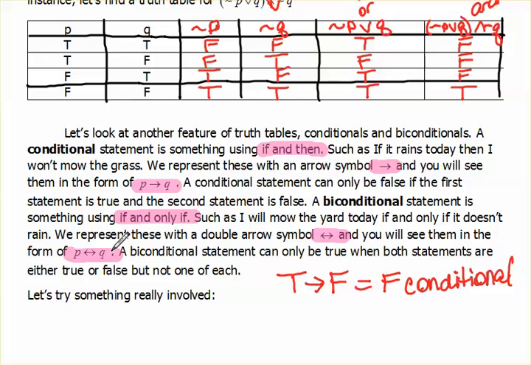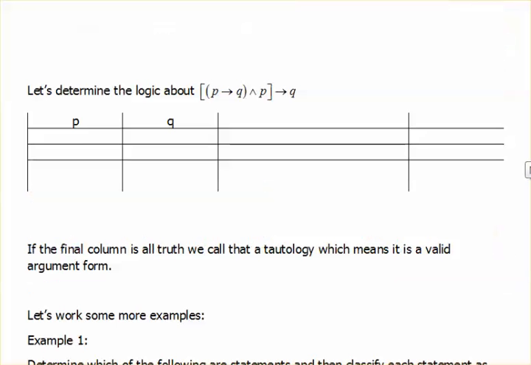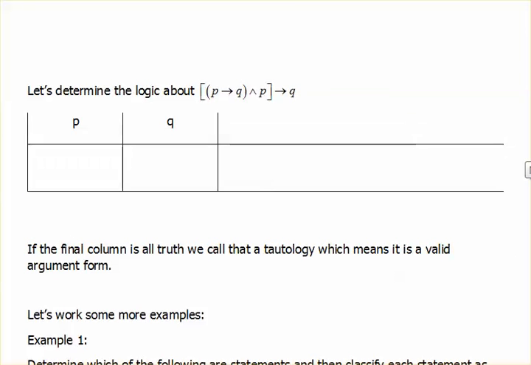Okay, now let's do something before we get to examples. I'm going to put everything together and see if we can do the implication, the nots, the ands, the ors, the conditionals, the biconditionals. Let's see if we can do it all. So we're going to be looking at this statement right here.